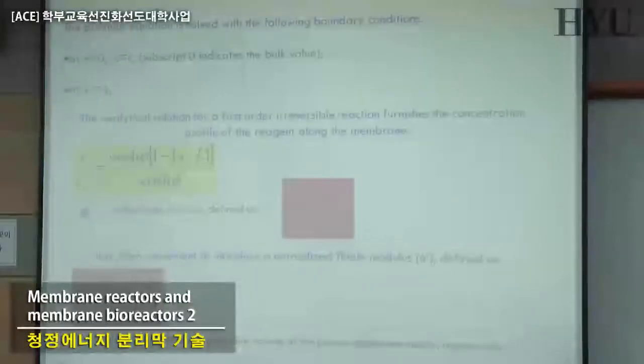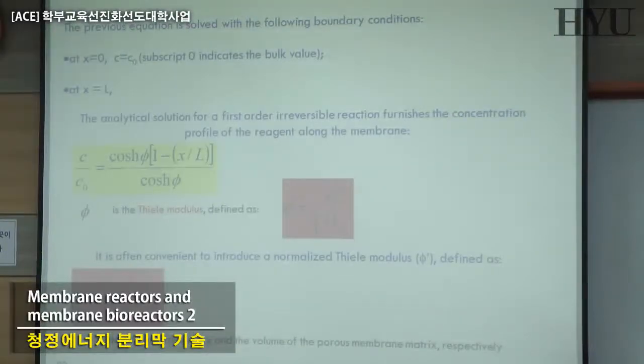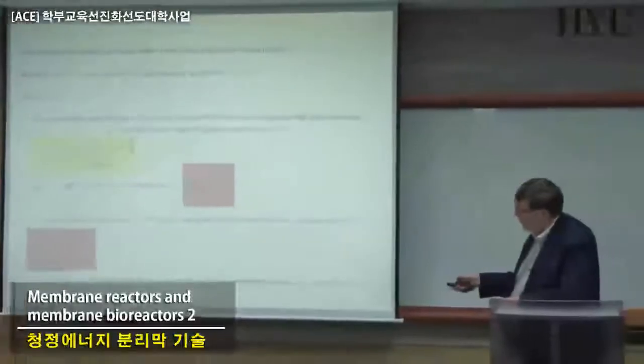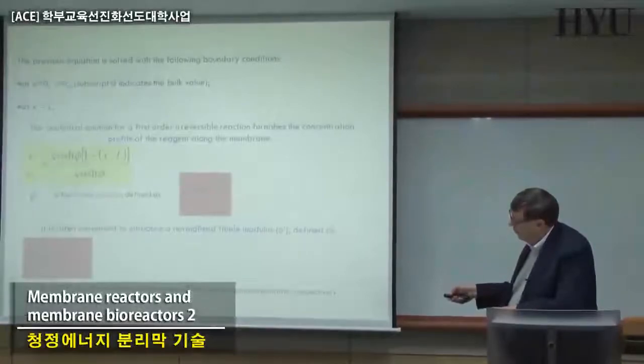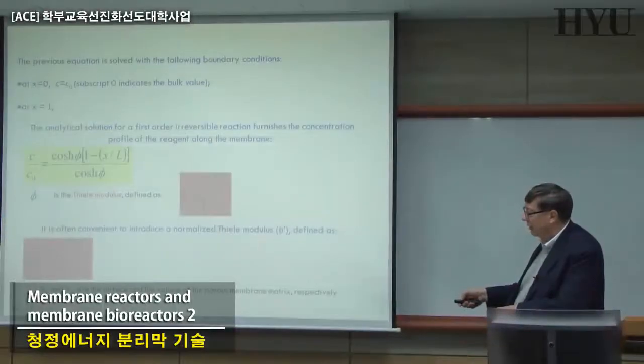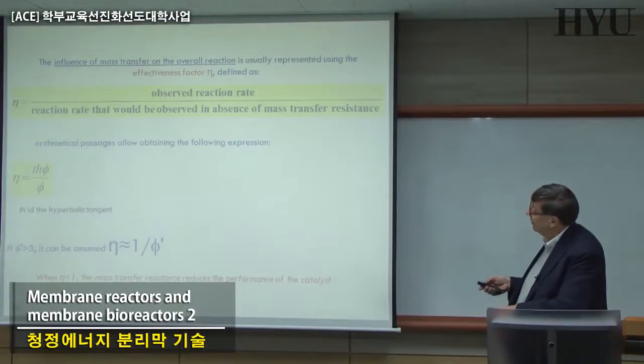Really, it is not the Thiele modulus, but what they call the normalized Thiele modulus, and that is given by this: k divided by the diffusivity times V over S, where S_M and V_M are the surface and volume of the matrix of the porous membranes.